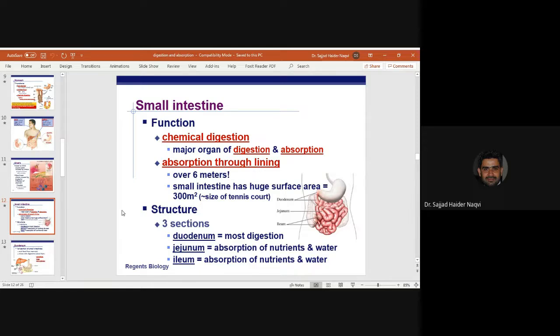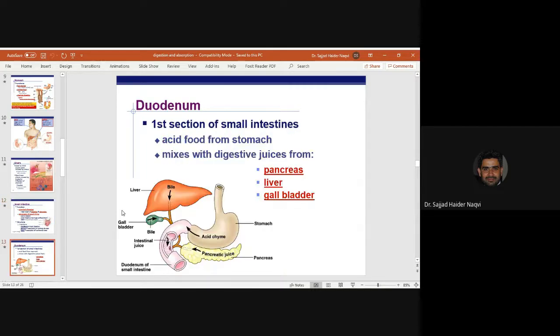It has three regions: duodenum, jejunum, and ileum. The duodenum is the part where most of the digestion takes place. Jejunum is the part where the absorption of nutrients and water takes place. And ileum has the same function of absorption of nutrients and water.